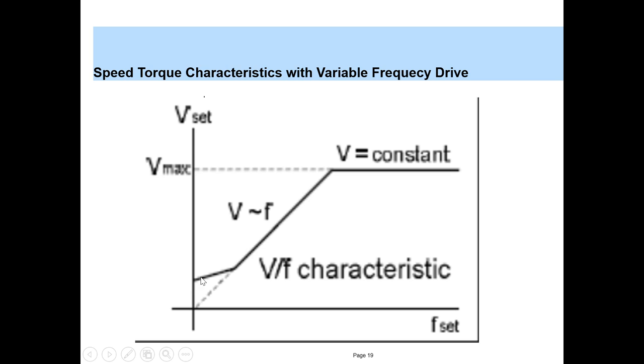You need some amount of voltage to develop the torque. So this is why this line is not following the dotted line. This voltage is sufficient to generate the amount of torque to move the motor initially, and then you increase voltage and frequency in a constant proportion up to the base point.